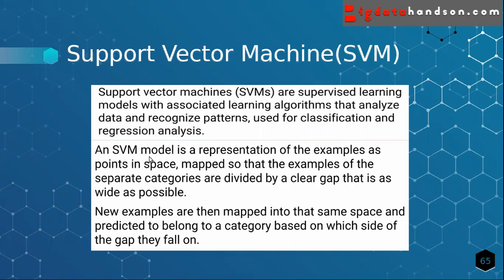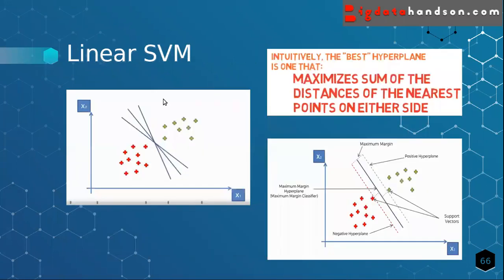That's what this paragraph is saying. New examples are then mapped into that same space and predicted to belong to a category based on which side of the gap they fall on. So after dividing the categories, we can easily categorize new data based on which side it falls on. This is the linear SVM.